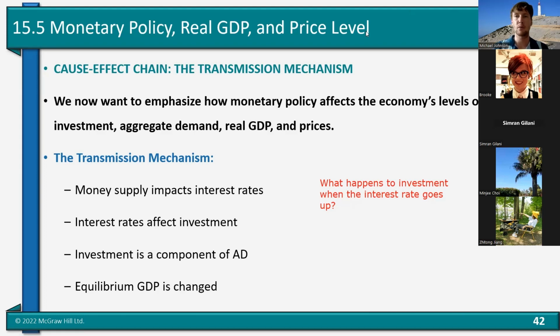Yeah, it goes down. So investment will go down when the interest rate goes up. Good job, Simran. So investment goes down when interest rates go up.